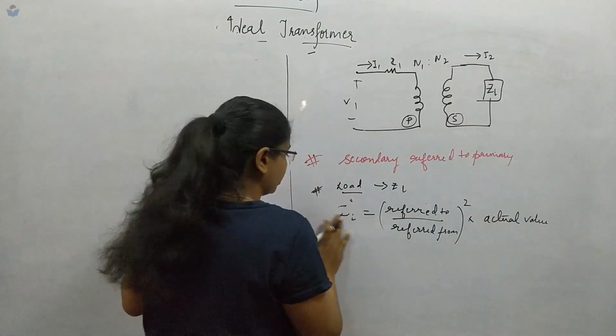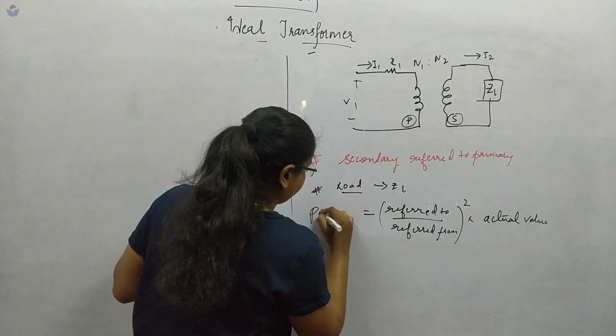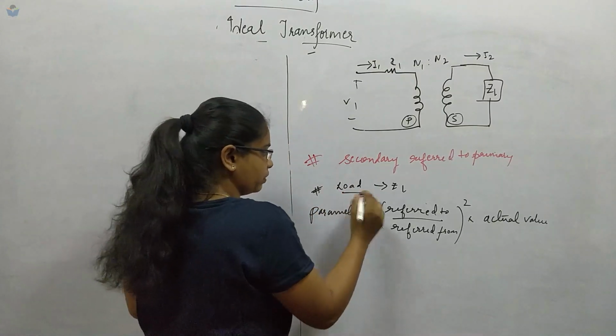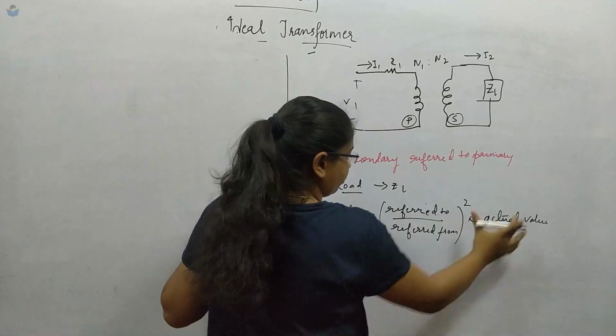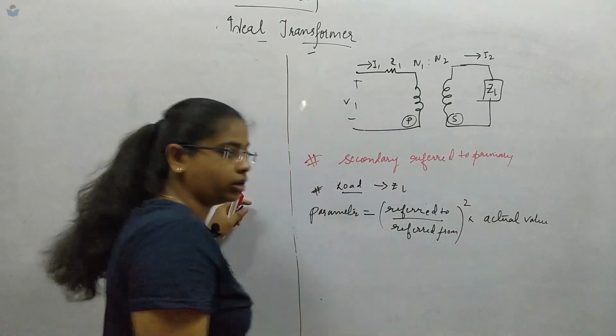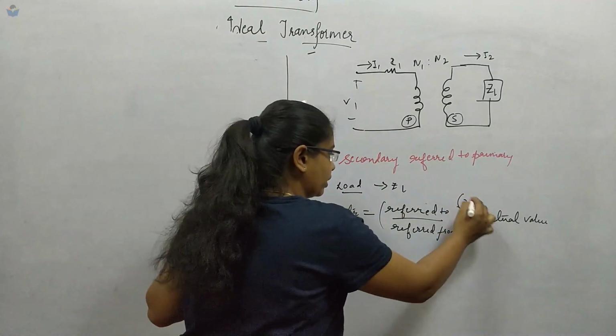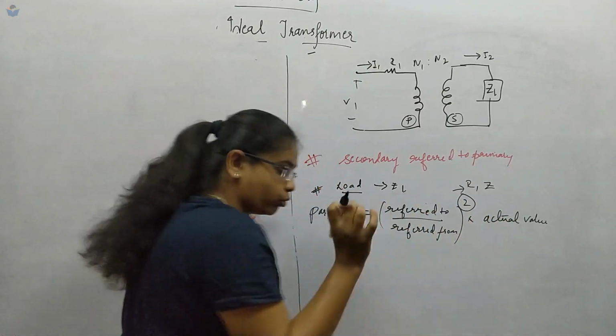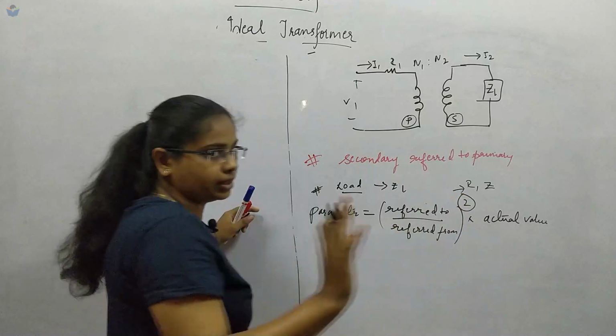In general, a parameter dash equals the referred-to over referred-from, whole square, into the actual value. This square only applies to resistance and impedance. If you are referring voltage and current, the square will not exist.